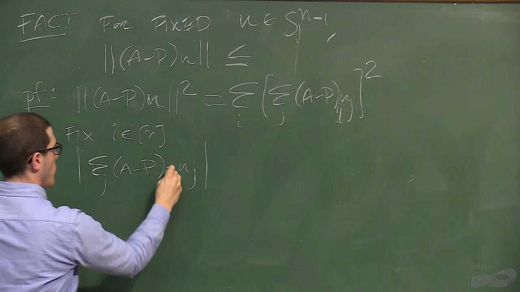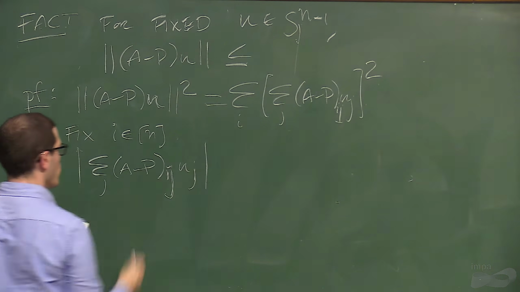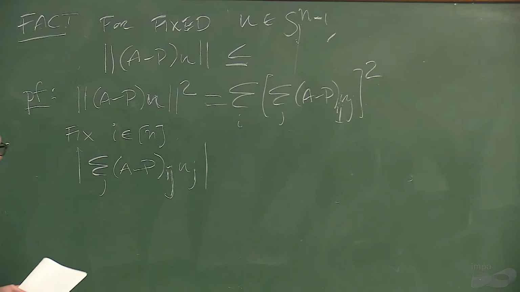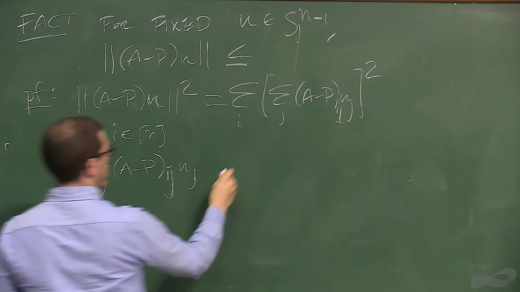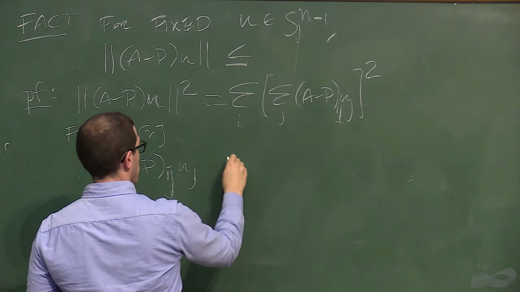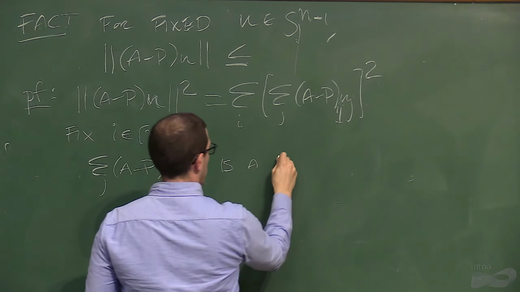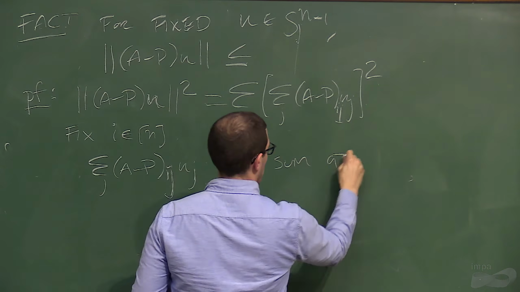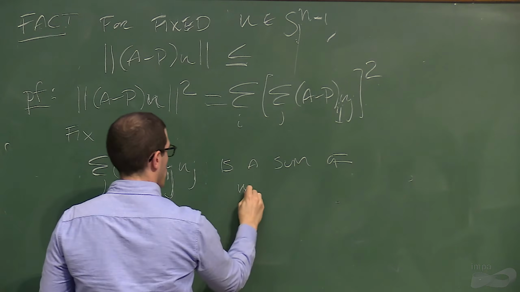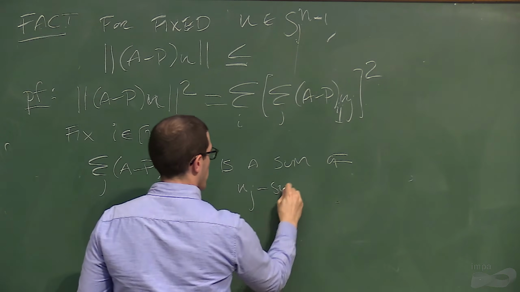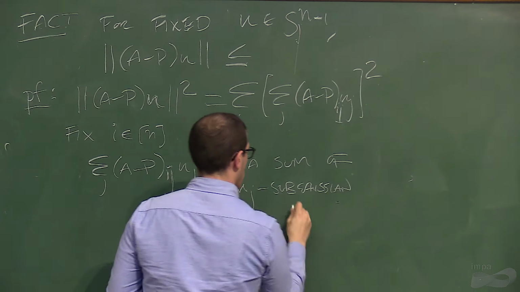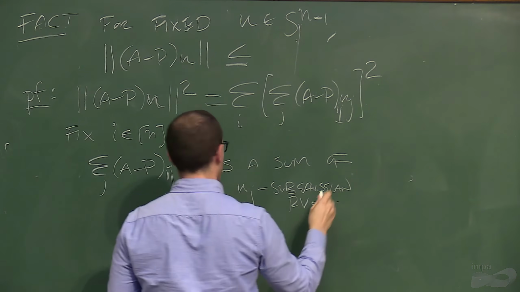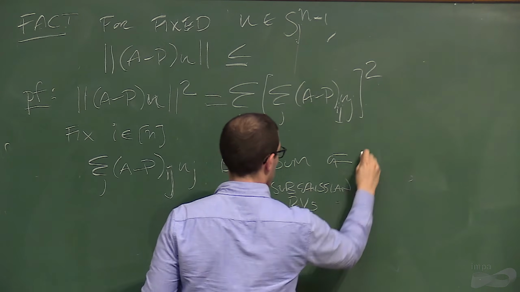So I look at the ith row of A minus P, I inner product it with my fixed u. Okay. I'm sorry, let's not take the absolute value yet. This thing, right, is a sum of u_j sub-Gaussian random variables. I'm sorry, I should say that it's independent.